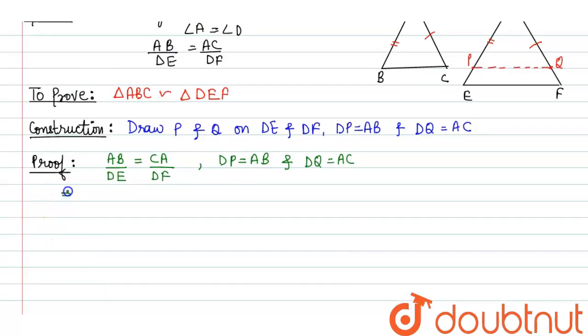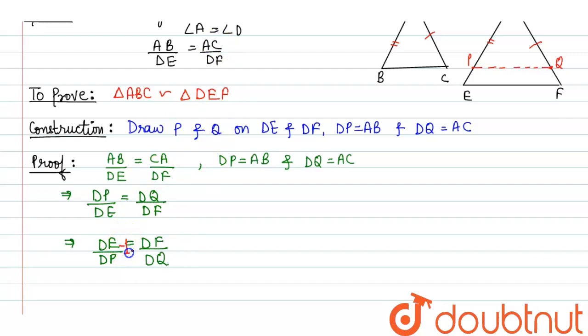Now substituting the values, it can be written DP upon DE equals DQ upon DF. Now reciprocal it. So after reciprocal it will become DE upon DP equals DF upon DQ.